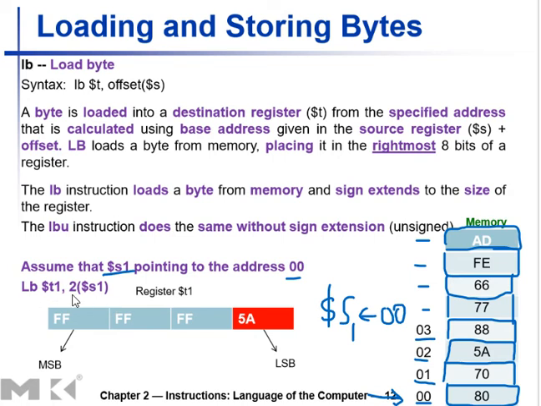Now let's see LB register T1, 2, register S1. Here the offset is 2 and the base address is S1. So 2 plus the base address in register S1. What is the value of register S1? 00. So 2 plus 00 is equivalent to 2.